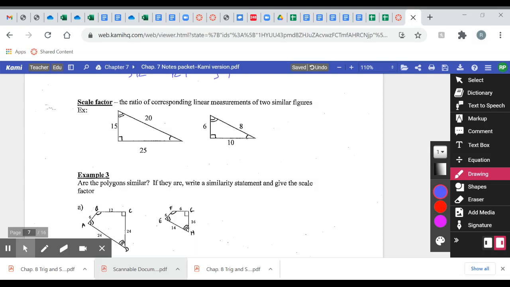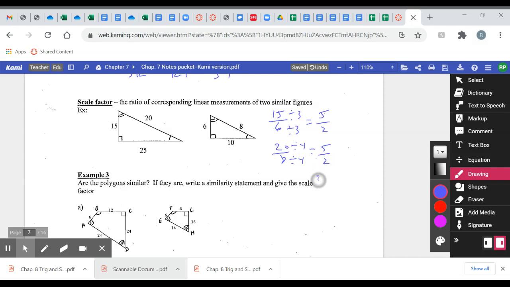And if you want to show the scale factor for these two figures, again, I can say 15 over 6, smallest over smallest, and that reduces down to 5/2. If I go medium over medium, I've got 20 over 8, which reduces down to 5/2.